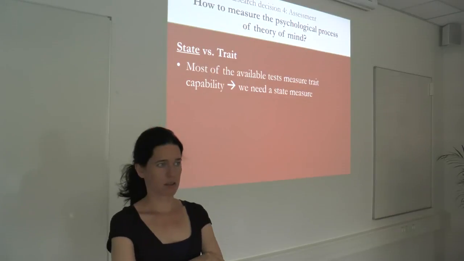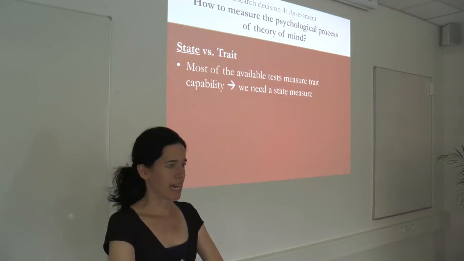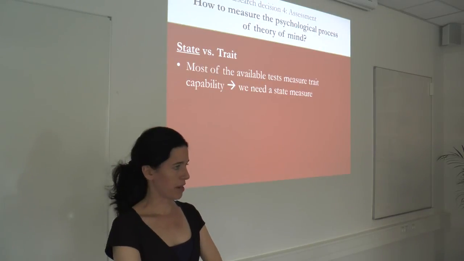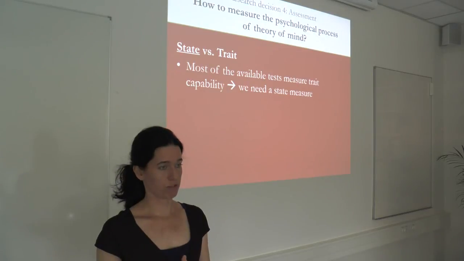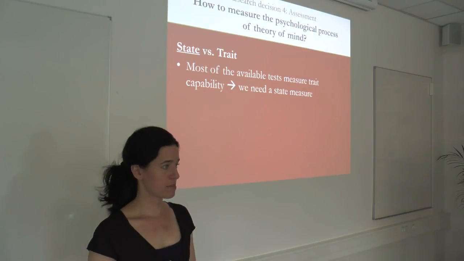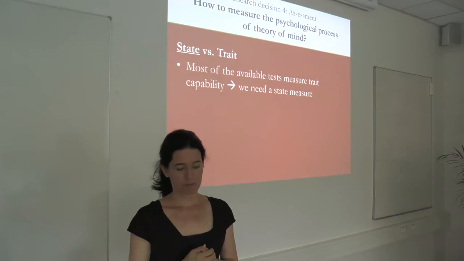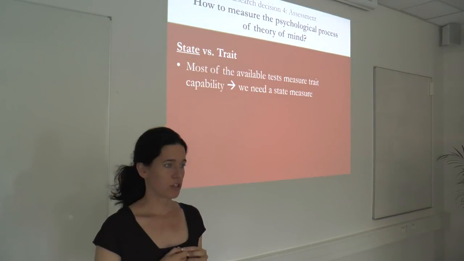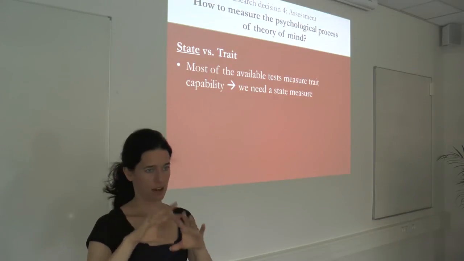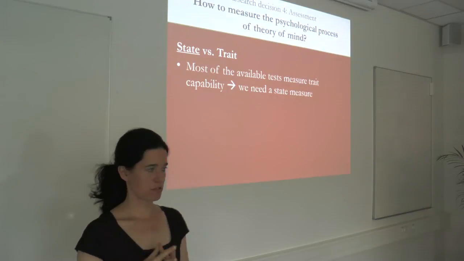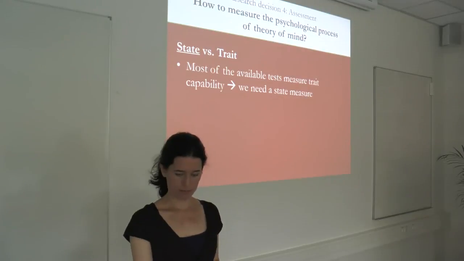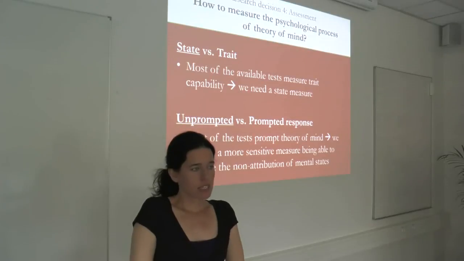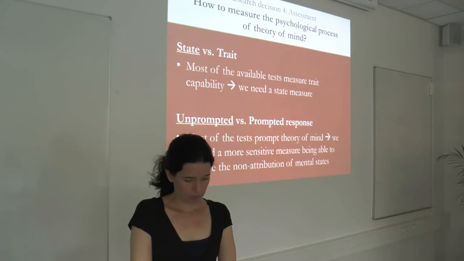So the famous Reading the Mind in the Eyes, Reading the Mind in Films and so on, from Baron-Cohen, who researches autism spectrum disorder, measure a trait, and we need to measure a state, because we are interested in how an actual response occurs to a movie.